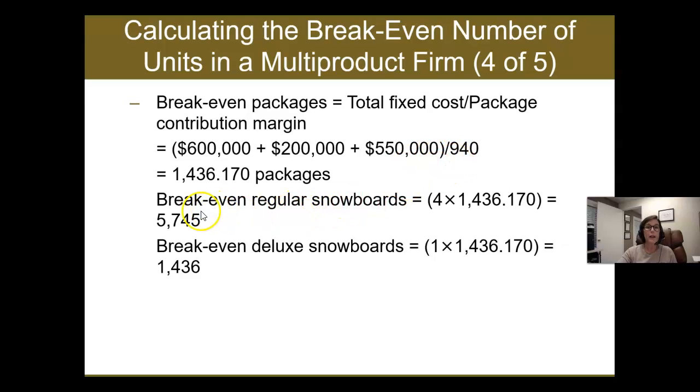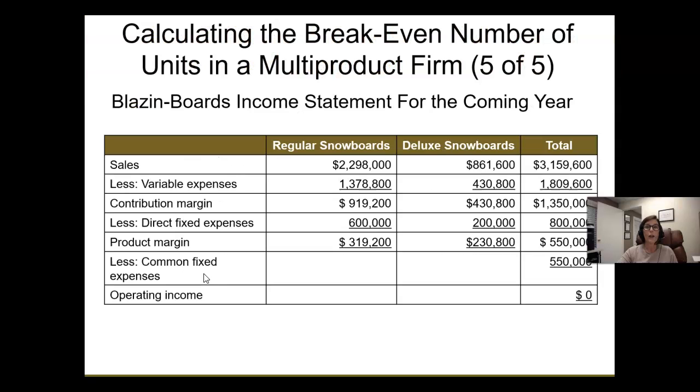And this tells us that our break even for regular snowboard is, because we're going to again do 4 to every one of the others, 5,745 regular snowboards and 1,436 of the fancy snowboards.